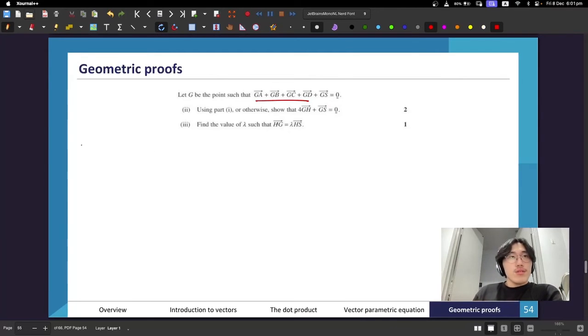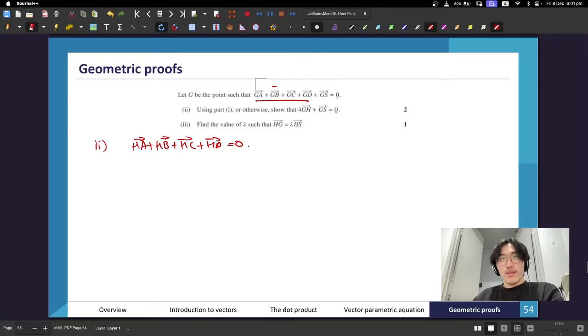And plus, we're using part 1. So in part 1, we found that HA plus HB plus HC plus HD equals 0. Now, how can we redefine the left four elements of our new outcome to use this? We could use vector properties. So GA could become GH plus HA. GB could become GH plus HB.